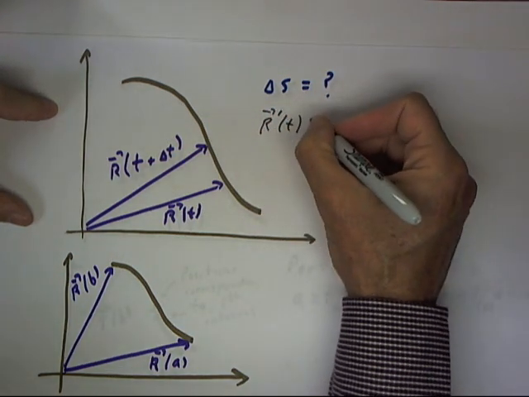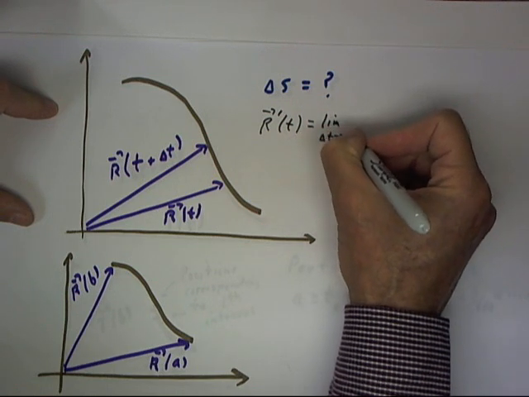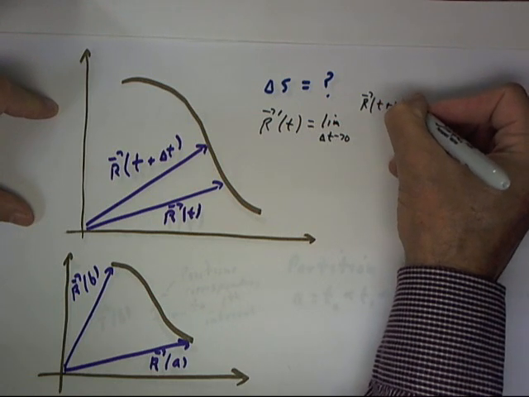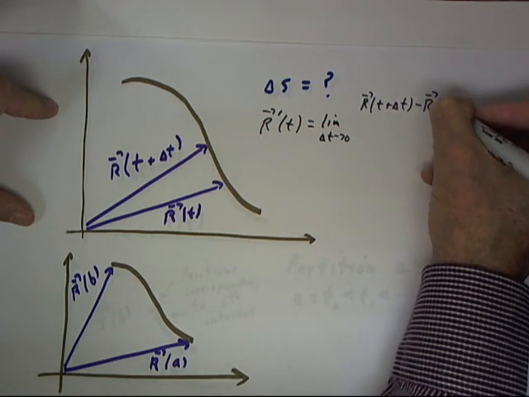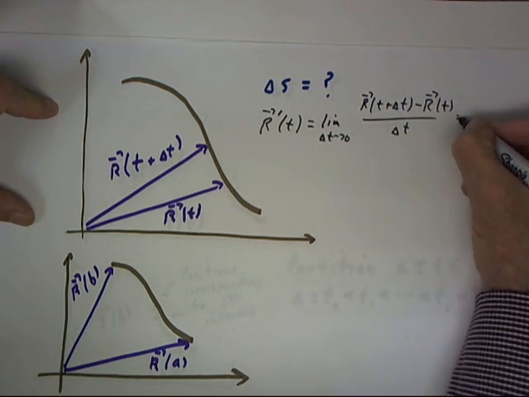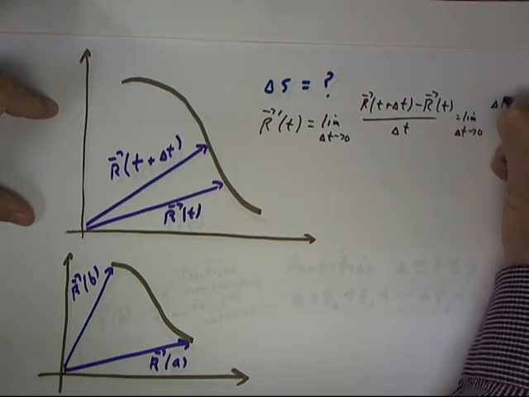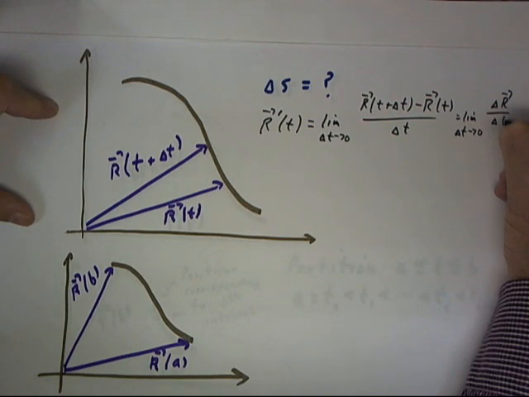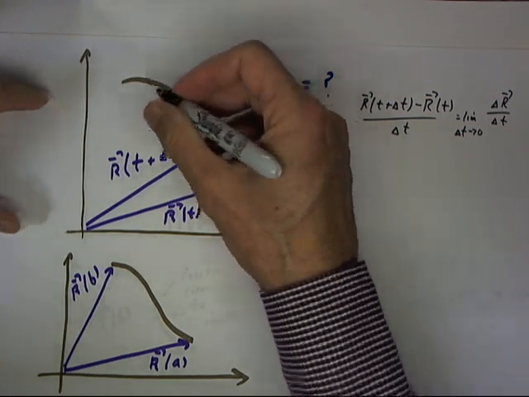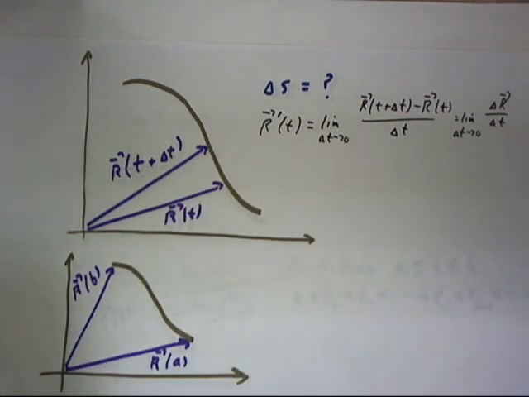r prime of t is the limit as delta t approaches 0 of r of t plus delta t minus r of t divided by delta t, which is the limit as delta t goes to 0 of delta r over delta t, where delta r is the vector from the r of t point to the r of t plus delta t point.